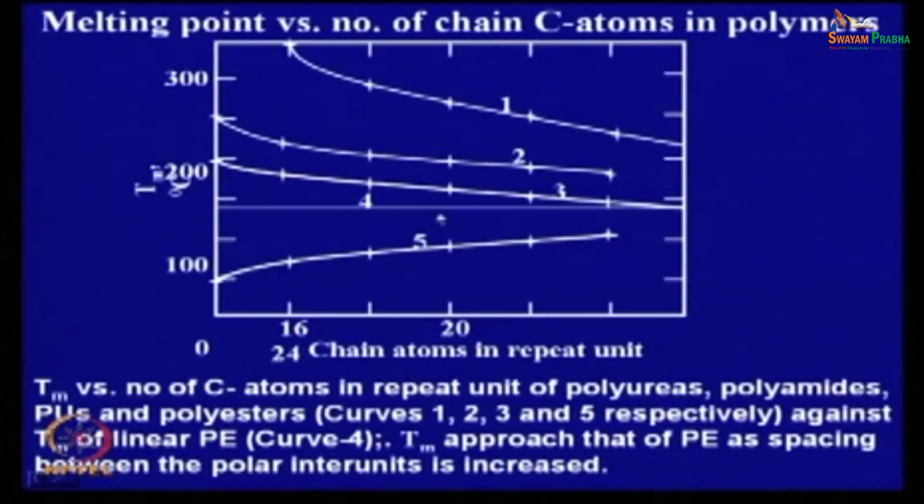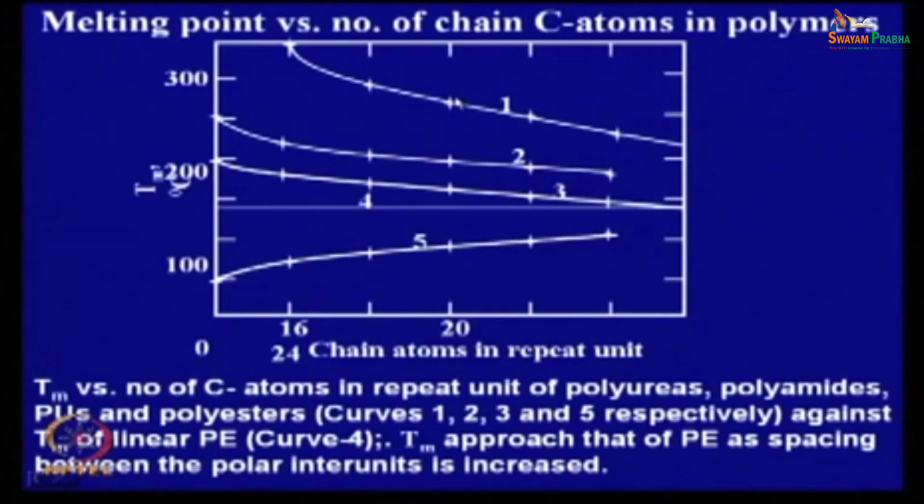there is no change in melting temperature with the increase or decrease of the number of carbon atoms. Whereas curve 1 corresponds to polyureas, curve 2 to polyamides, nylons, curve 3 to polyurethanes, and curve 5 to polyesters.